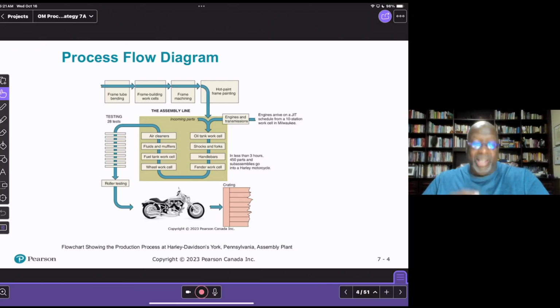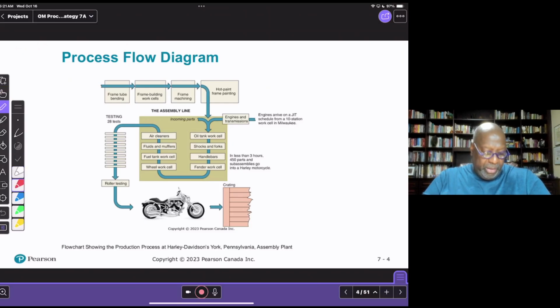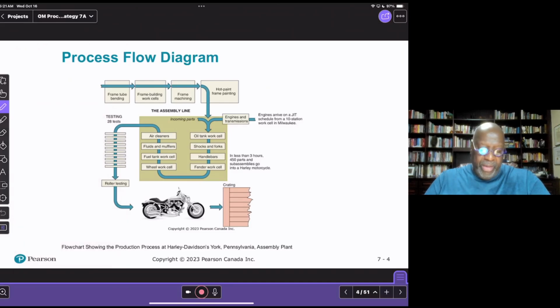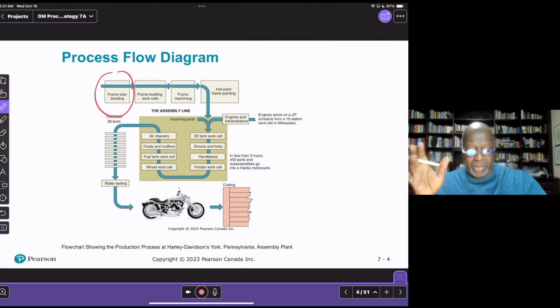So you could see that as we go through this example, there are various stages. Here we're talking about frame tube bending, which is some aspect of the production. I've never made a motorcycle, so basically we just have to assume that that's how it's done.